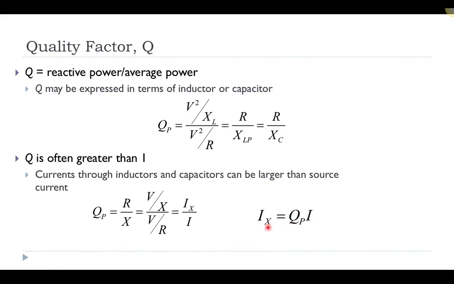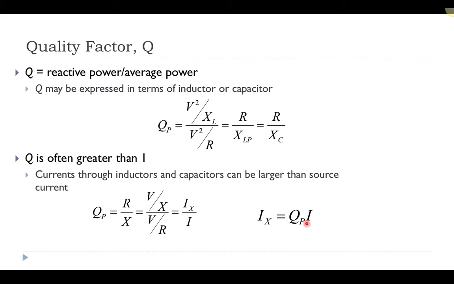So for example, if you had a quality factor in your parallel circuit that was 10, that would mean that the magnitude of the current through the inductor and the capacitor would be 10 times the actual current of the source. So this is similar to the series resonant circuit, where the quality factor told us something about what was happening to the voltage across those components instead of the current.